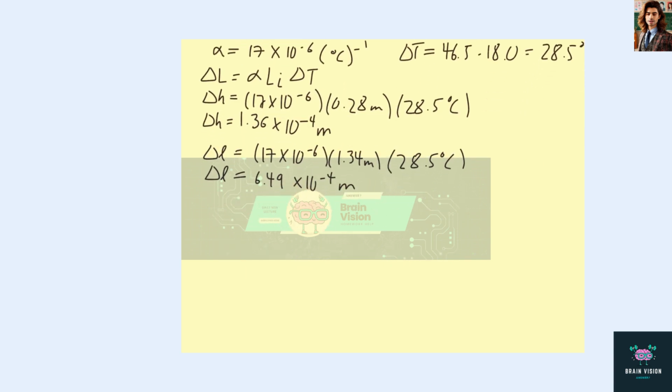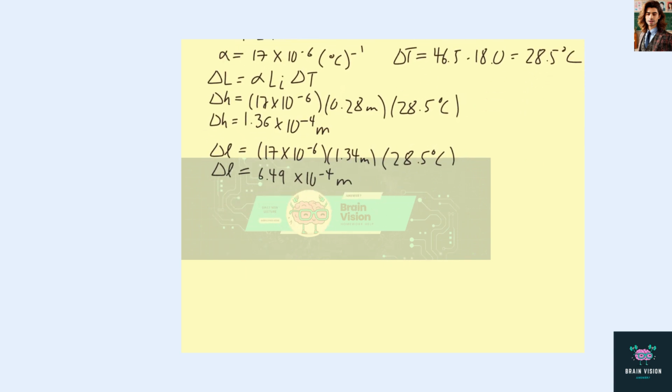Now, if we want to find the magnitude of how much the elbow moves, or the displacement, we need to put in both our delta H and our delta L, square them, add them together, and put them under a square root to find the magnitude.